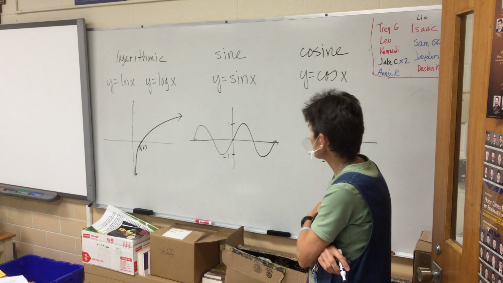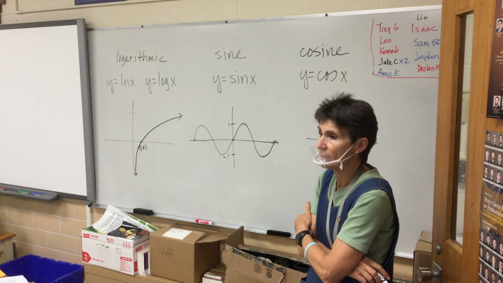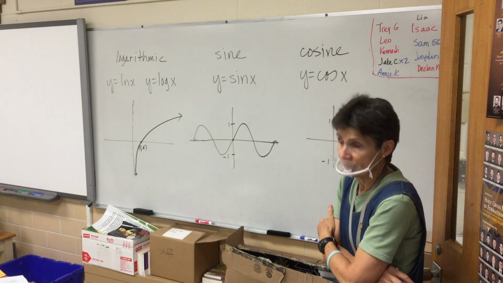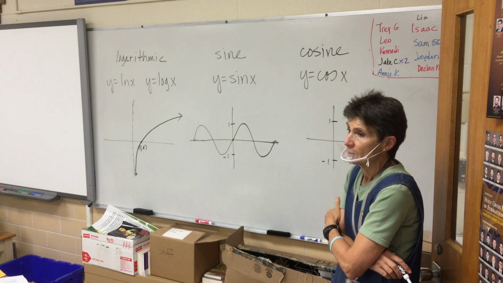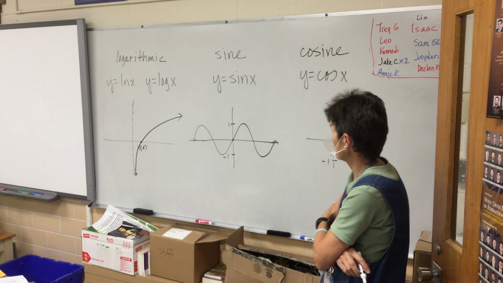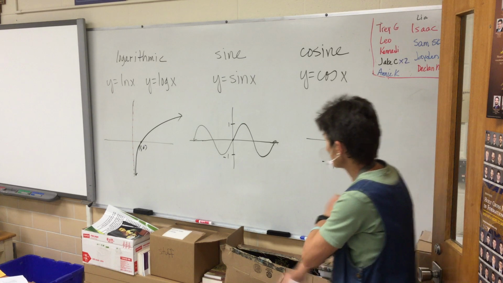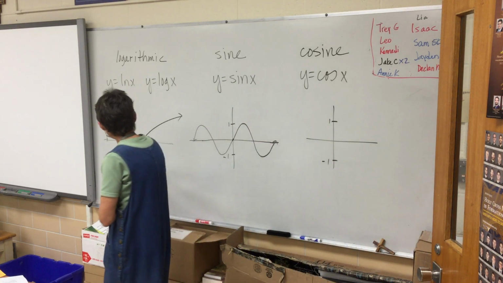Yep, got arrows on both ends to indicate that it goes on forever and ever. All of these curves go on forever and ever, at least in one direction or the other. Most of them have arrows on both ends.